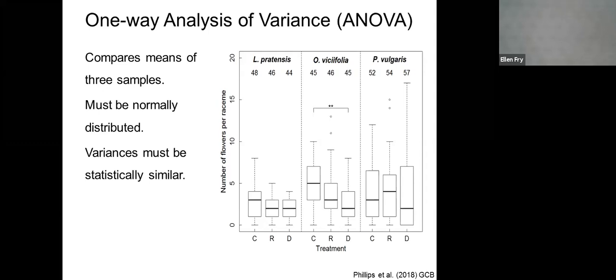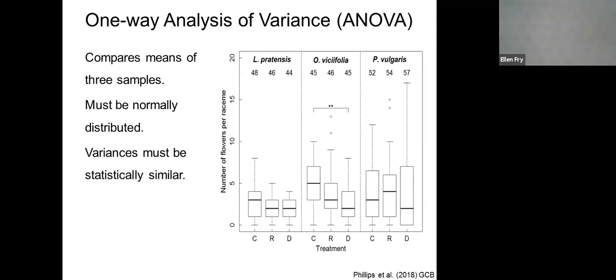So the graph here is from some work that we did. It shows the output of a 2-way ANOVA. So we've got drought and we've got plant species. This is from the Wessex BESS experiment, and we were looking at how drought affects quality of flowers for pollinators. So it was a really nice piece of work. So the factors are flower species.